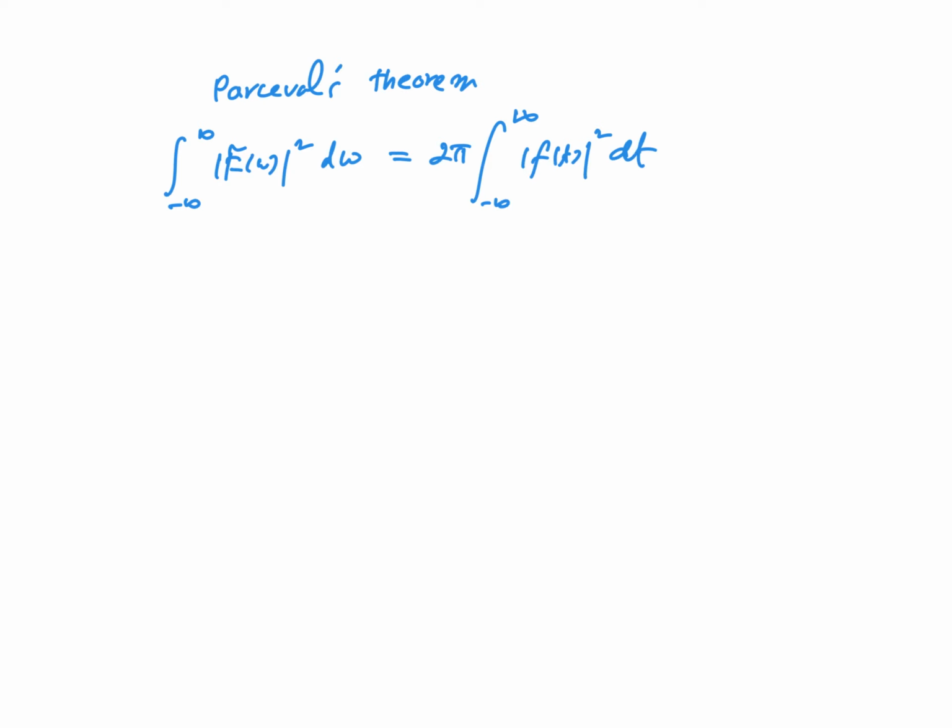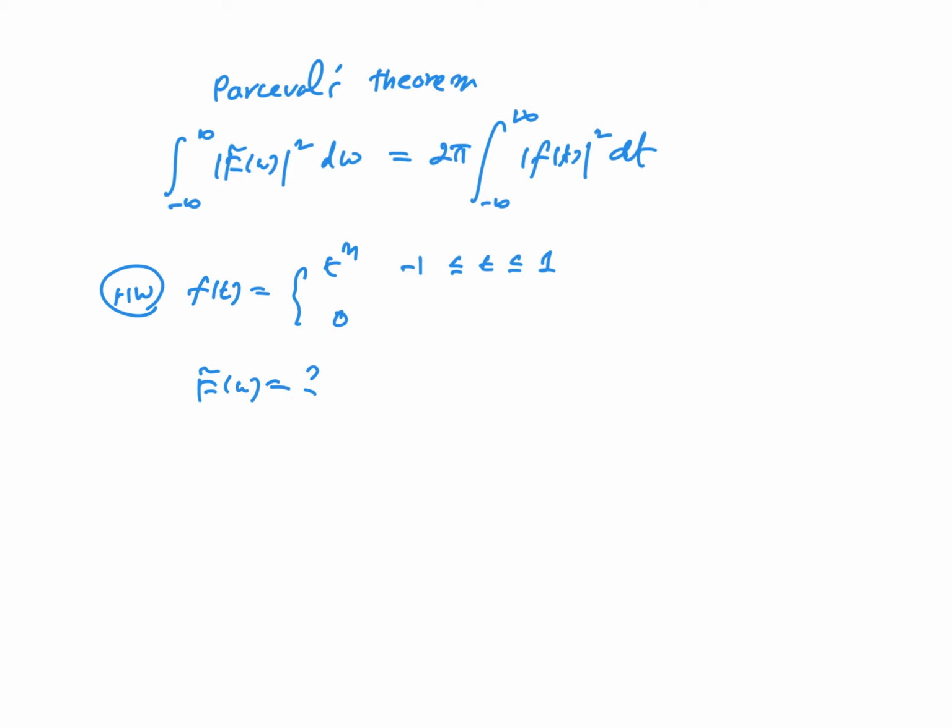Another homework is if f(t) is given by t to the n on 0 to 1 and zero elsewhere, then you need to calculate the Fourier transform.